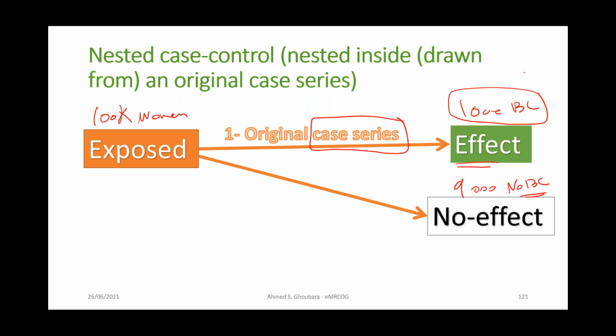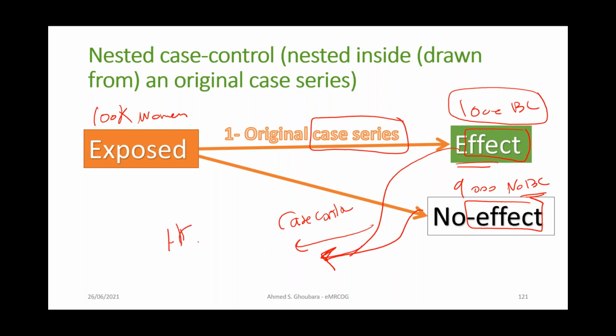The only thing you need to do is to take a sample from the women without breast cancer and a sample from the diseased women and do a retrospective case control study. You review the notes, and if you're interested, for example, in HRT, see how many of those women had HRT and how many had no HRT.